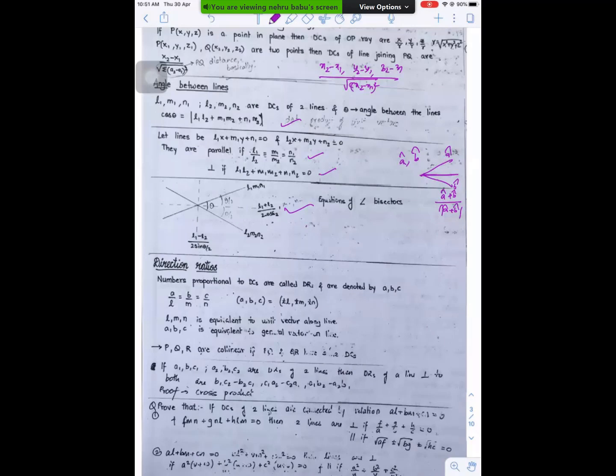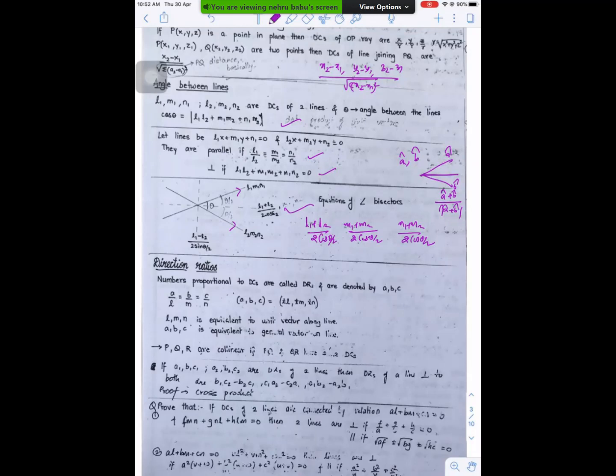Here it's not printed, but all are the same. These are the DCs of a line lying on the angle bisector. So you can say this is the internal angle bisector. These two results are like this, depending on direction.